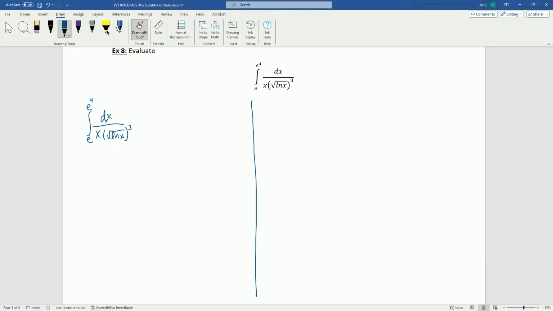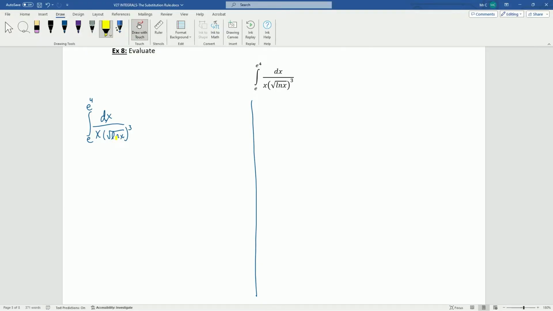And when I look at this, it's a little hard to tell what to pick because my first thought might be I have the square root of ln of x cubed. So I've got that square root of ln of x all inside this cubed function. So that might be my first thought in terms of how to pick u.